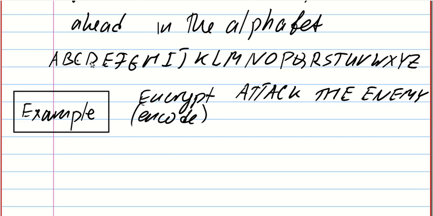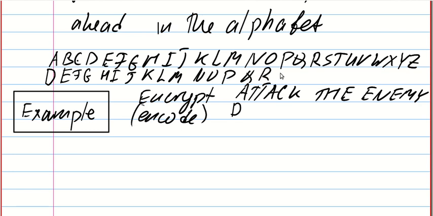You count 1, 2, 3, so it becomes D. A goes into D, B goes into E, C goes into F, D goes into G, and so on through H, I, J, K, L, M, N, O, P, Q, R, S, T, U, V, W. But what happens to Z?